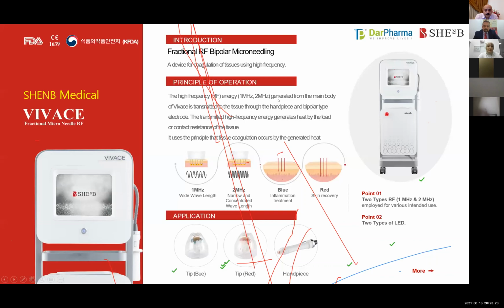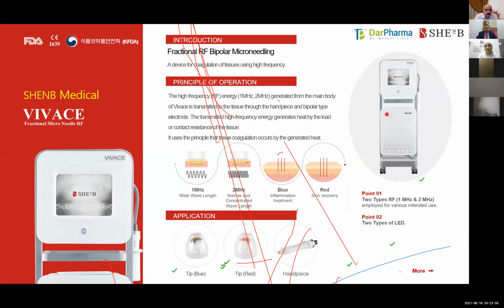VIVACE successfully gained this advantage from the fact that it merges high efficiency and great results on one side, and on the other side, there is no pain in comparison to other machines in the same category. Moreover, the downtime is very few hours, 2 to 4 hours maximum after the session. At the same time, the device is considered one of the most user-friendly devices.